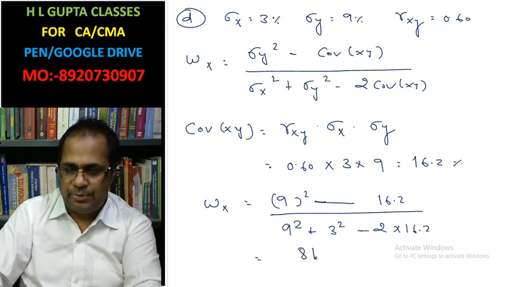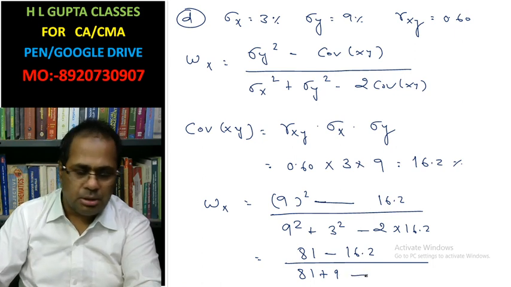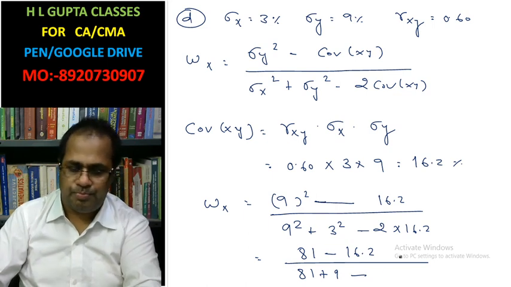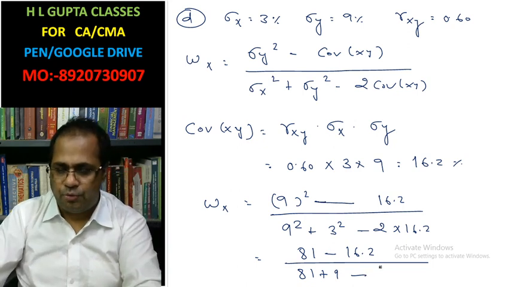This is 81 minus 16.2 divided by 81 plus 9 minus 32.4.